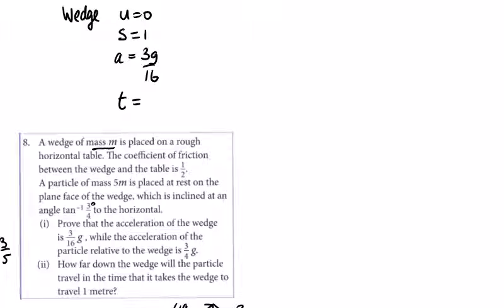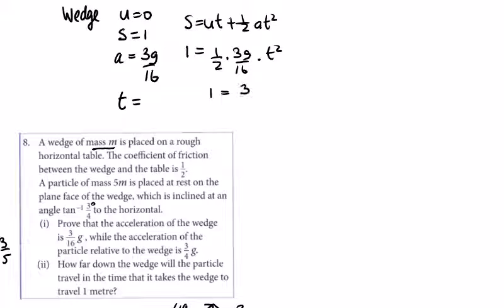We use s equals ut plus a half at squared, so 1 is equal to 0 plus a half times 3g over 16 times t squared. So 1 is equal to 3g over 32 t squared.